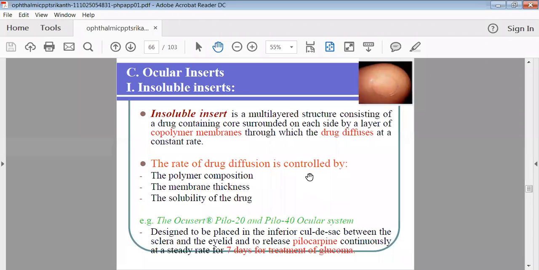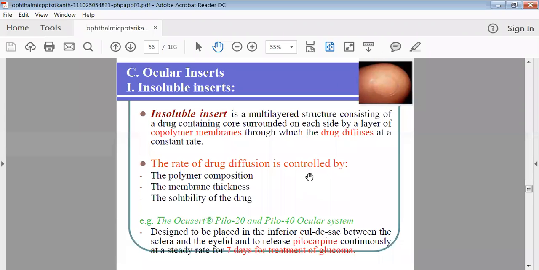Then the diffusion of the drug is controlled by using the polymer composition, or by using various kinds of polymers which have the ability to control the drug release from your occluserts. Sometimes we can use the membrane thickness as one technique for the release of the drug in your predetermined manner.